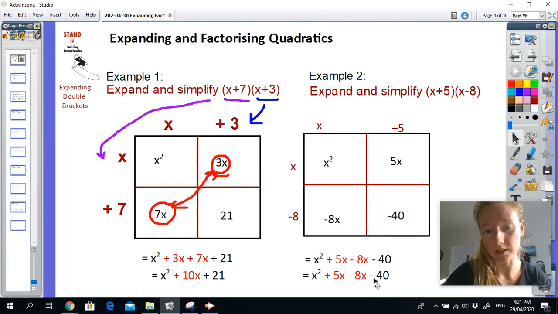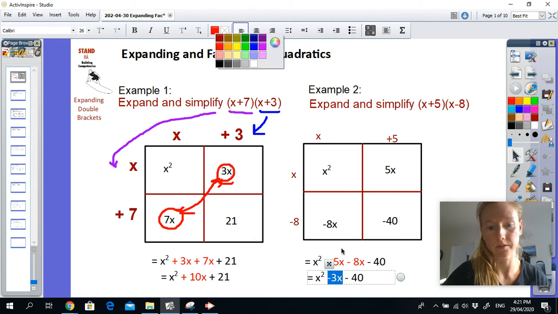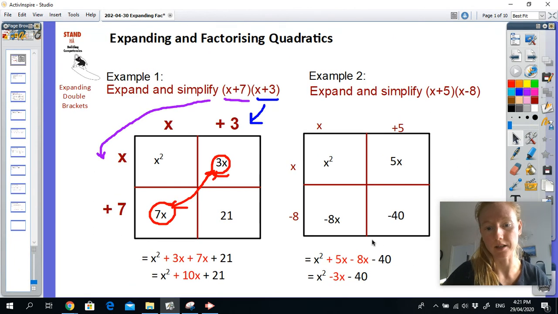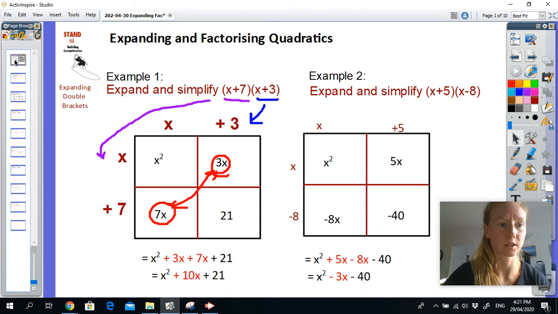Now this is where you need to be really careful, because positive 5 take away 8 is going to give us negative 3. So these will collect together to give us negative 3x in the end. Okay? And that is because positive 5 take away 8 gives us negative 3. So our final answer, x squared minus 3x minus 40.